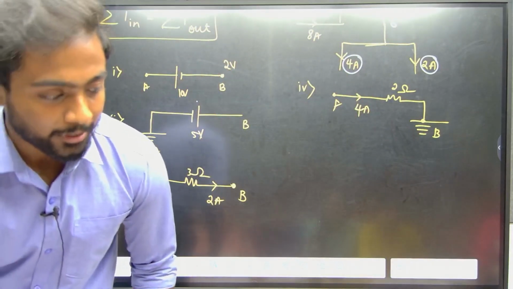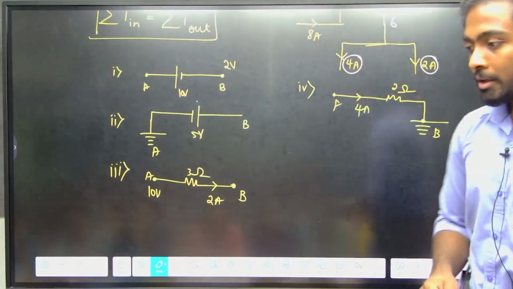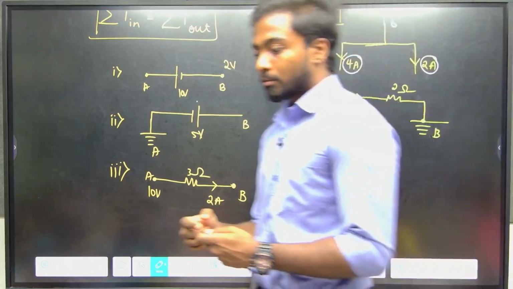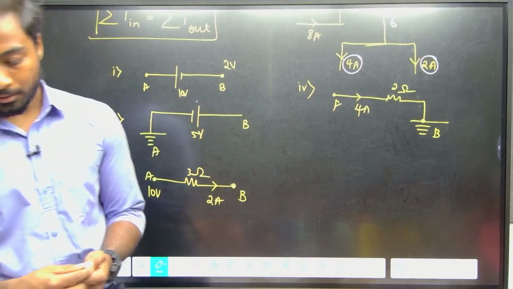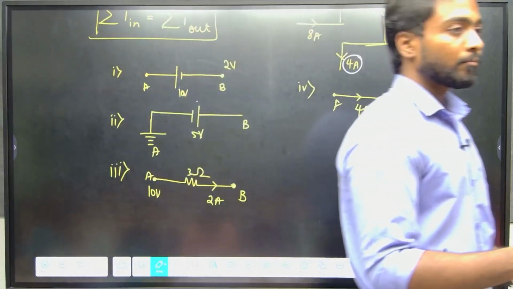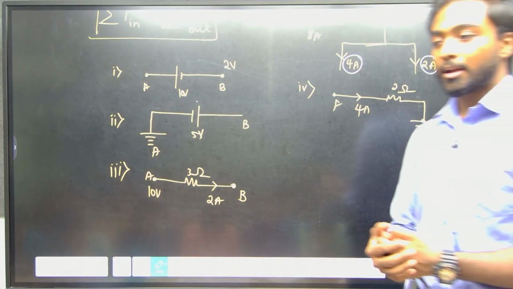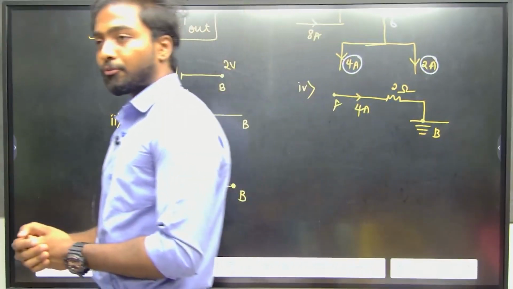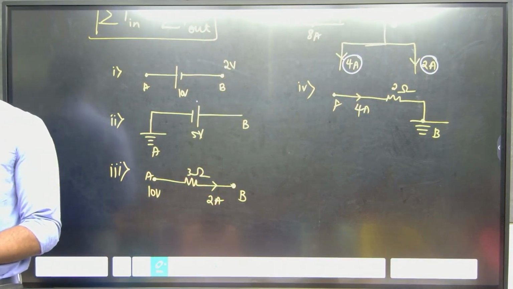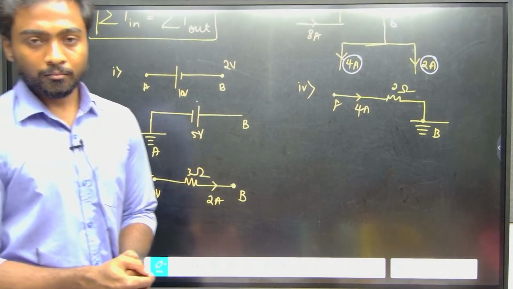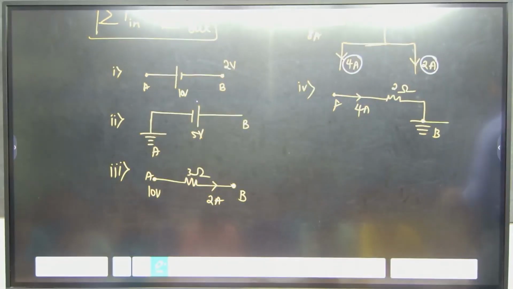Okay, first let me tell the points. You can take down the points and then we'll do these sums. Step number 1, write down: start at any one point, either left or right, and end at the other point.